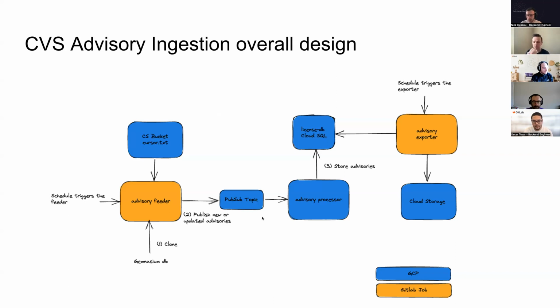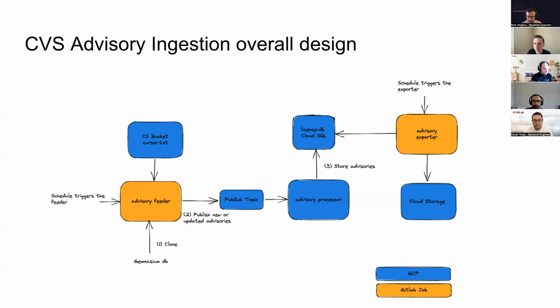That PubSub topic will send those advisories to the advisory processor. Most probably, the advisory processor is going to be similar to the license processor, so it's going to be a service that runs on Cloud Run, on GCP. It will work as a server, in the sense that we are most probably going to use PubSub push. That means every message received on a PubSub topic is forwarded as an HTTP API call to the advisory processor.